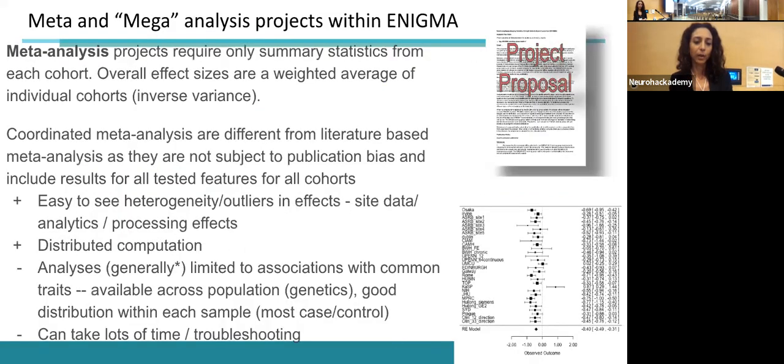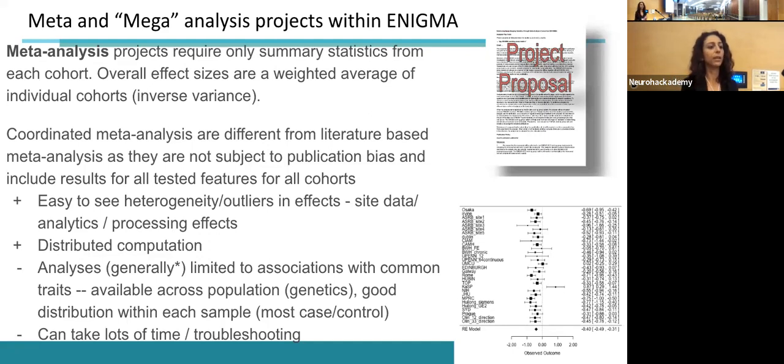And that's becoming more and more the case within ENIGMA, when we're looking at certain groups that might have outcome measures and longitudinal data. So this is something we're actively working on now.